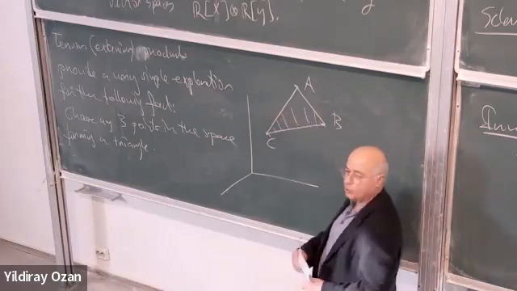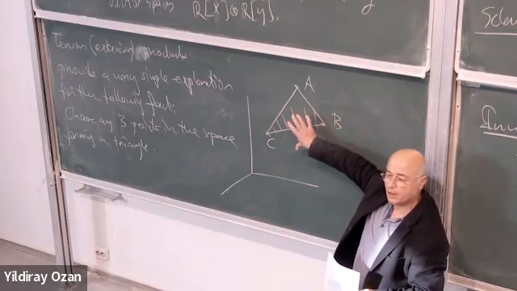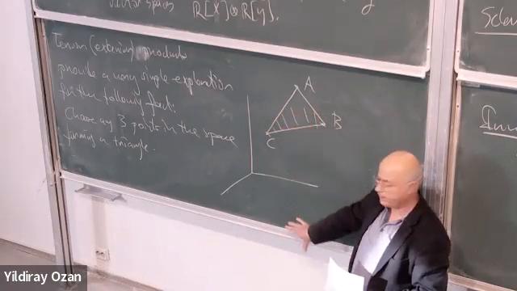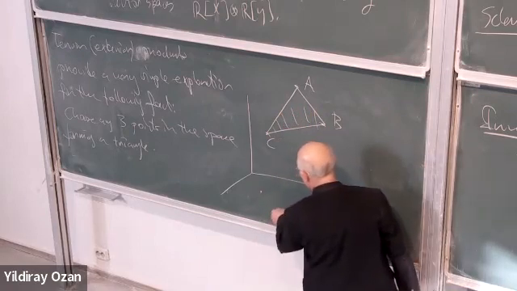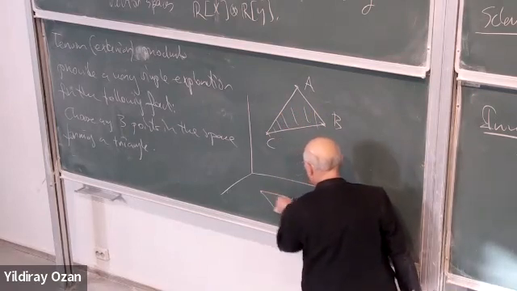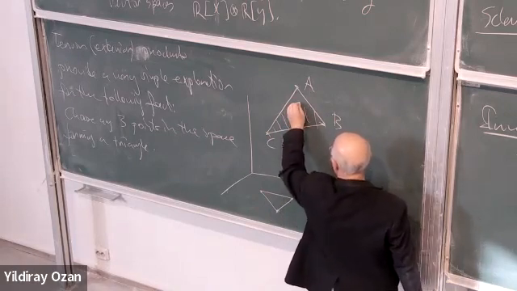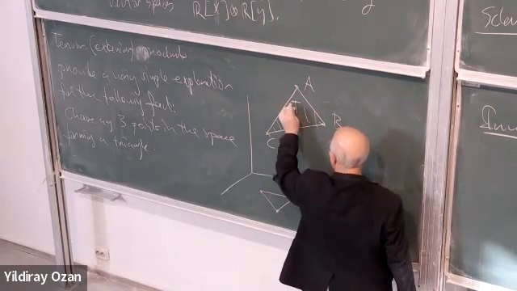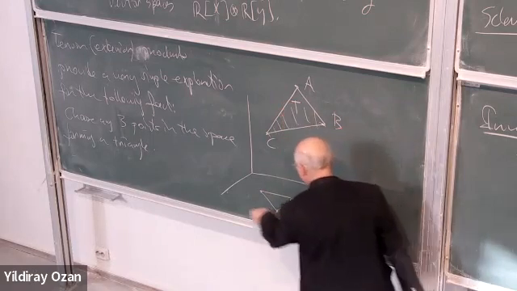I can look at the projection of this triangle on the coordinate planes. For example, in the XY plane, it is a shadow like this, right? Let's call this triangle T, let's call this TXY.